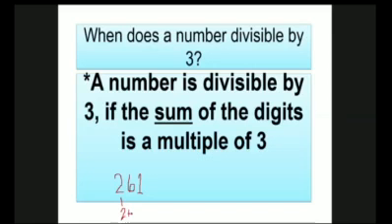We just add the digits: 2 plus 6 plus 1. This will give us the sum of these digits. 2 plus 6 is 8, plus 1 is equal to 9. Then we take a look if this sum of the digits is divisible by 3. In that case, 261 is divisible by 3.